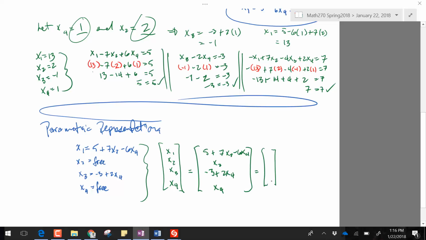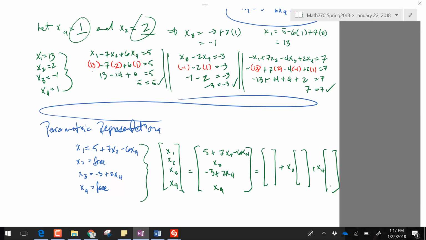So now what I'm interested in doing is writing it by separating these components, these pieces, with the coefficients of x2 and x4, the free variables, and then also the other constant terms that are not being multiplied by x2 or x4.